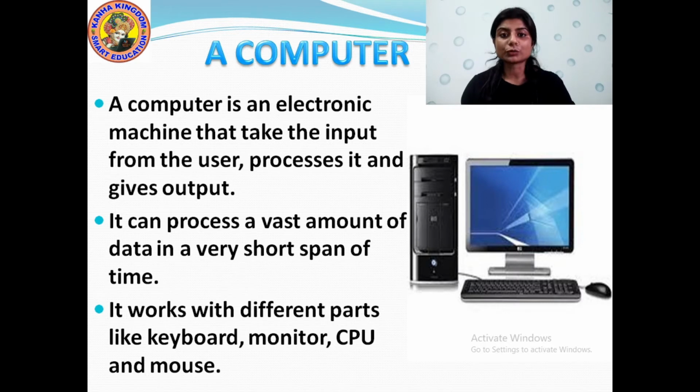And then mouse. Mouse is used to give commands to the computer. Okay? And monitor gives us the output. It gives us the result. So these are the main components of a computer by which we can use a computer.